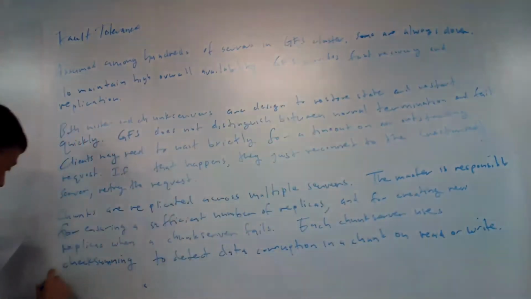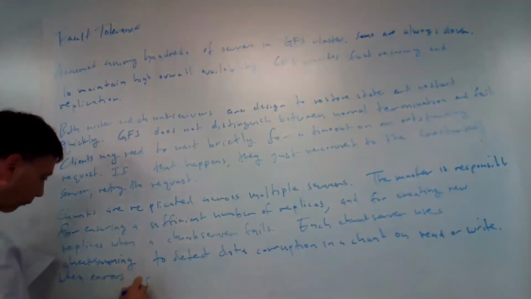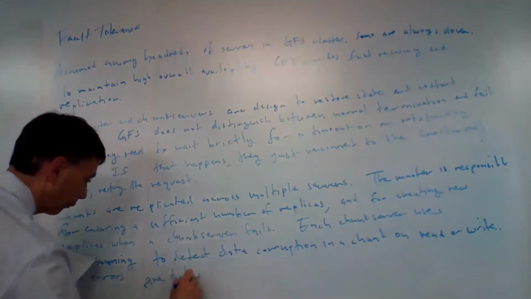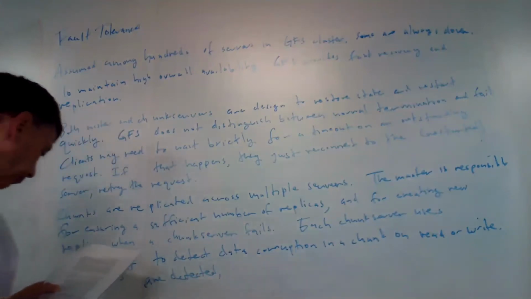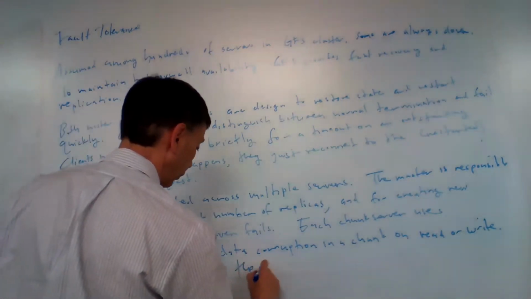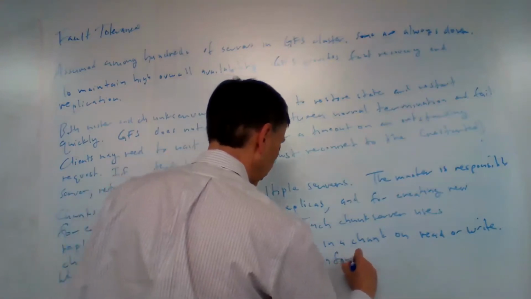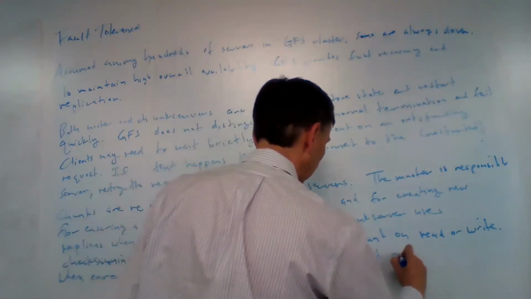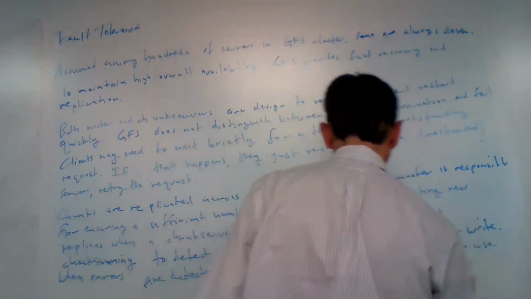When errors are detected, the client is informed and asked to use a different replica. That would be on a read.